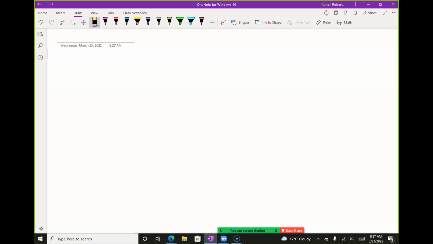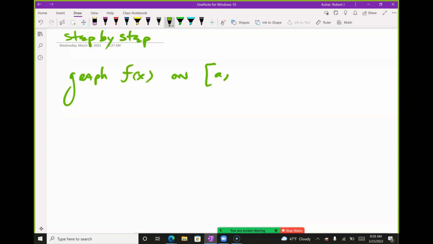So our step-by-step here. I want to graph f of x, right, on the closed interval if I can. I don't have to. There's a nice way to do that on the calculator. Just Google it: graphing a piecewise function on the TI-83, 84, right?